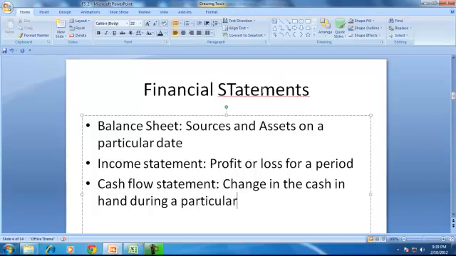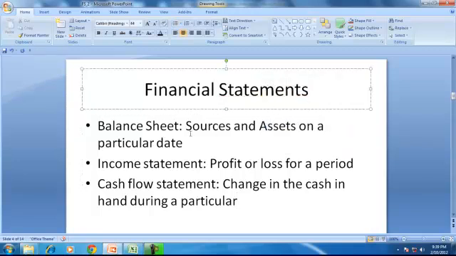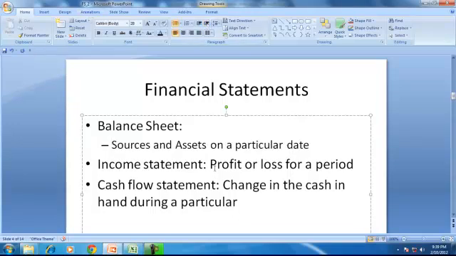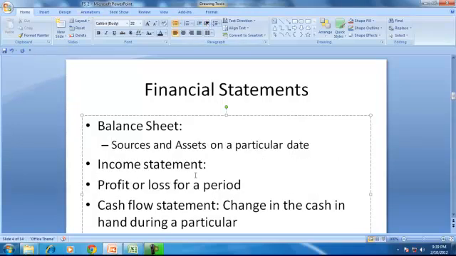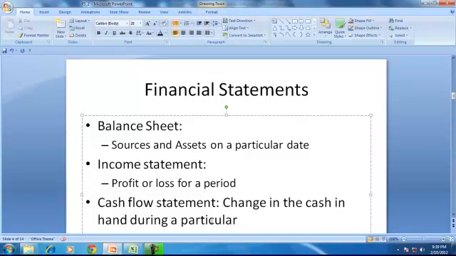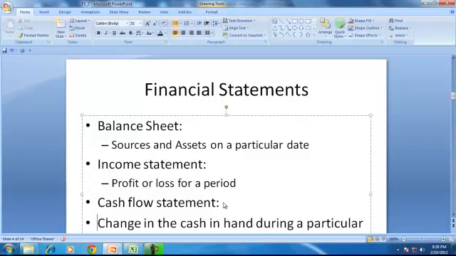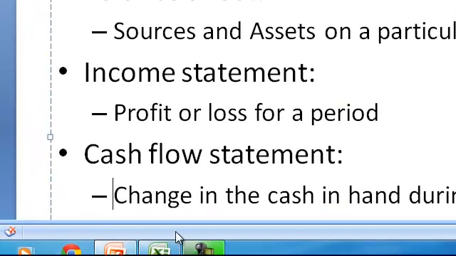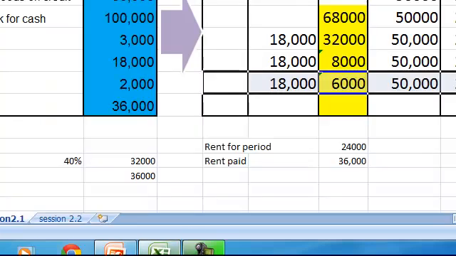So every business decision, as I've been mentioning right from day one, will affect the equation, but in the process will affect the income statement or the cash flow statement. So it is possible to prepare the financial statements from the business decisions directly too.